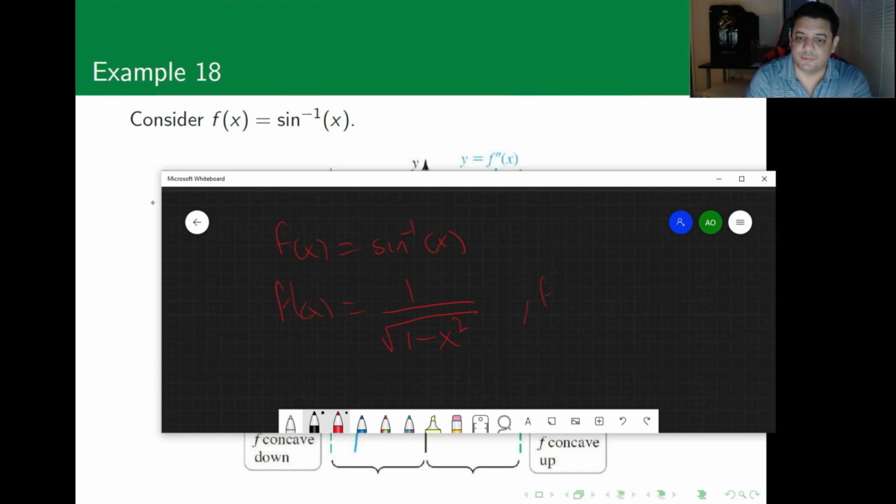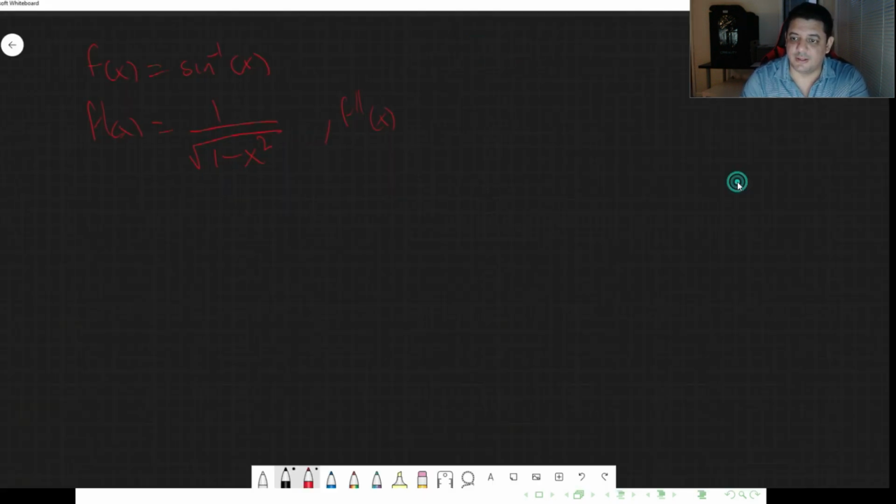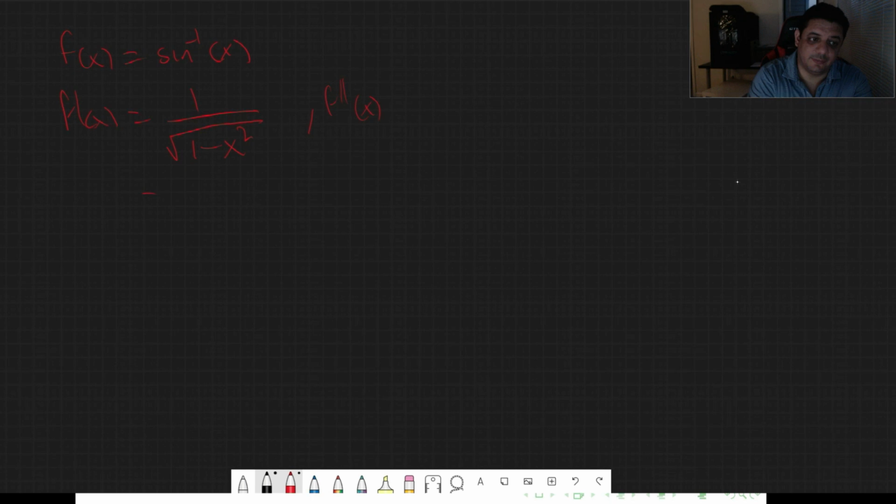Now the second derivative will be considering the derivative of this. This is a chain rule, so the easiest way that I can do this is just write that as a root with negative powers.